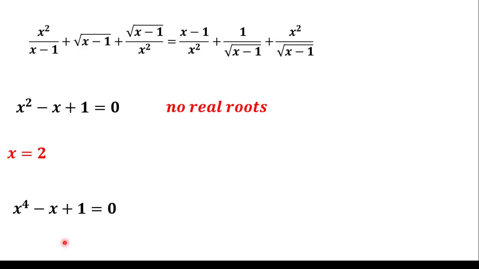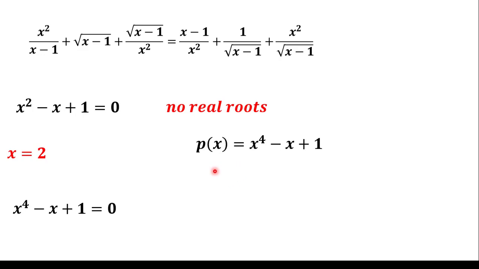Now we need to solve this equation. First, we want to find out whether this equation has real root or not. One of the ways is to draw a graph of this polynomial, so we can set this polynomial equal to p of x.